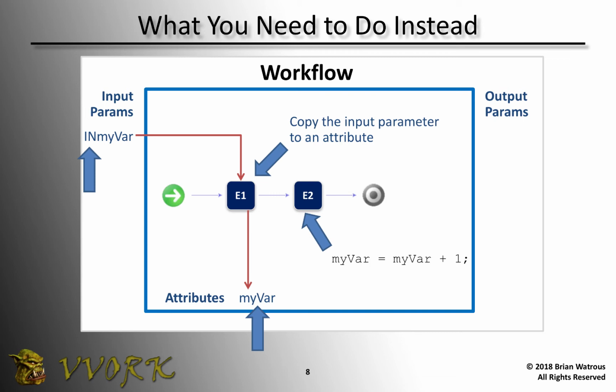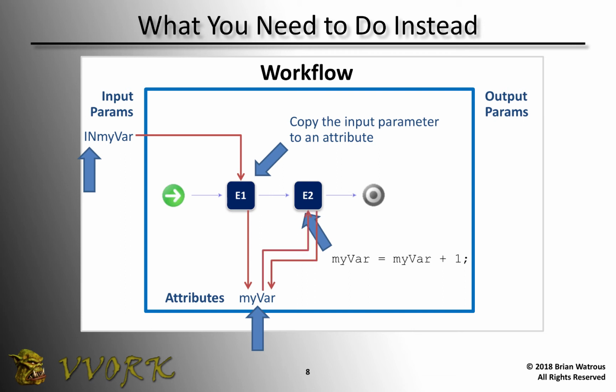We won't actually be changing the input parameter, but we will have a variable in our workflow called myvar that we'll be able to pass between different schema elements, and we'll see initially in the attribute called myvar it has the value of the input parameter, but we'll be able to make changes to the attribute later on in our workflow.